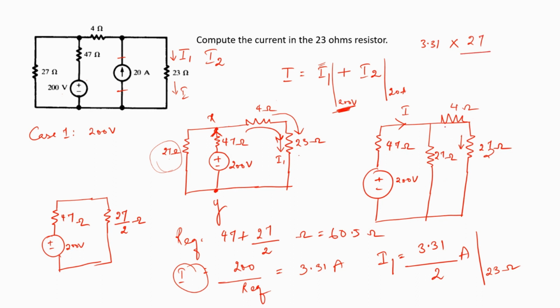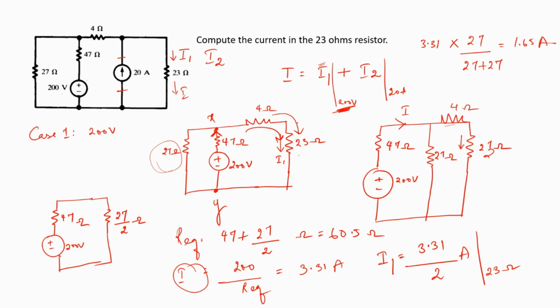Since both of them are in series, I'm going to say 27 plus 4 plus 23, the sum of all the resistances. So this again turns out to be 3.31 divided by 2, which is 1.65 amps. So this is my I1.